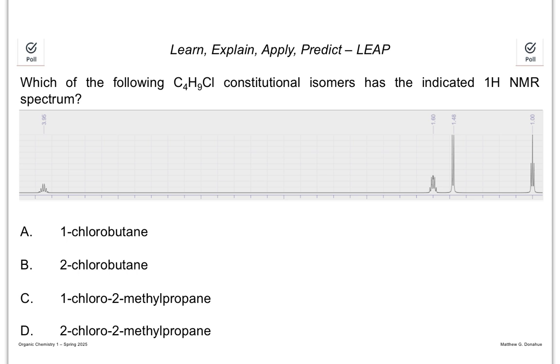So I think the next couple questions, this one. The proton NMR belongs to one of those C4H9 constitutional isomers. So let's just draw the structures in so we can refer back to them.